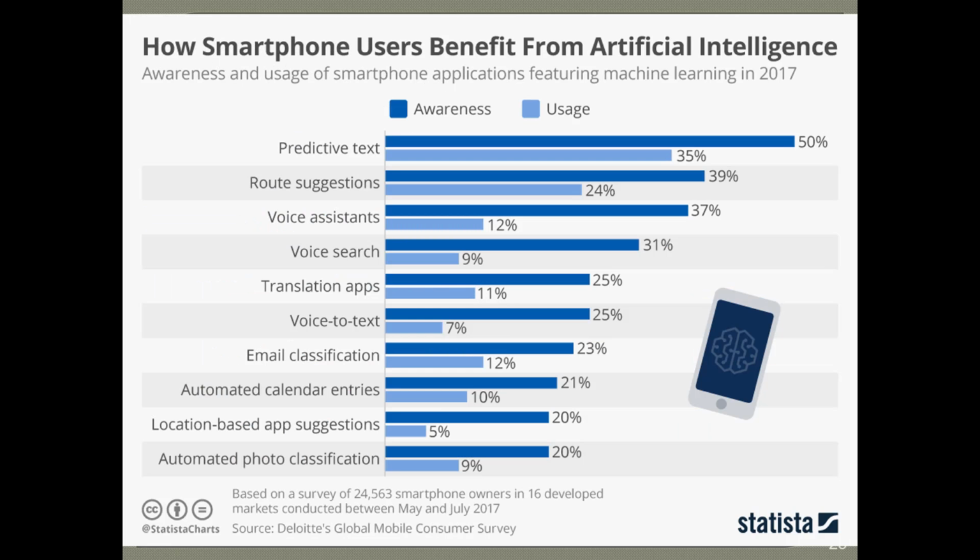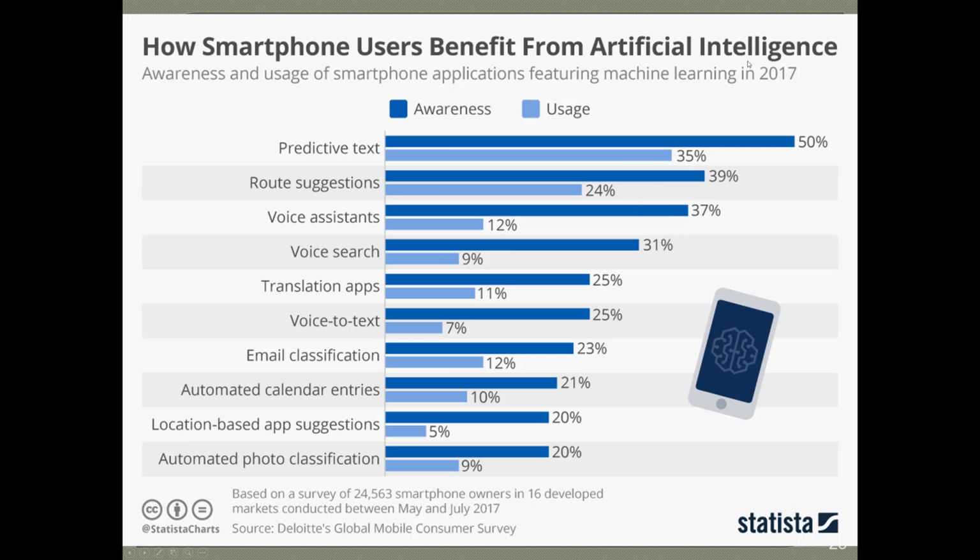And how smartphone users benefit from artificial intelligence. There's awareness and usage. So for predictive text, most people are aware, maybe don't use it as much as they're aware of it. And route suggestions, voice assistance, voice search, translation, voice to text, email classification, calendar, location-based apps, and automated photo classification.